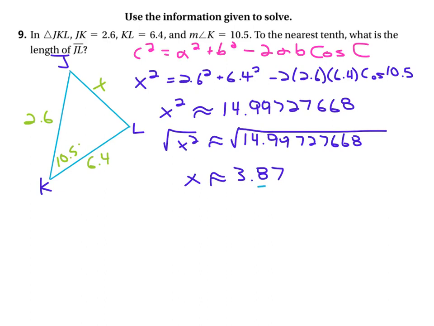So we say that's the tenth place. Is this at least half of another tenth? Yeah, it's 5 or higher, so it is at least half of another tenth. So we round that up, which means that x is approximately equal to 3.9. The 8 does change into a 9.